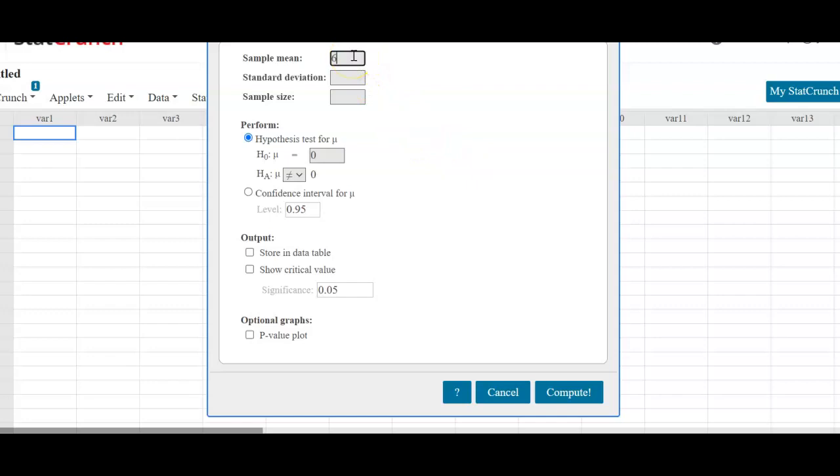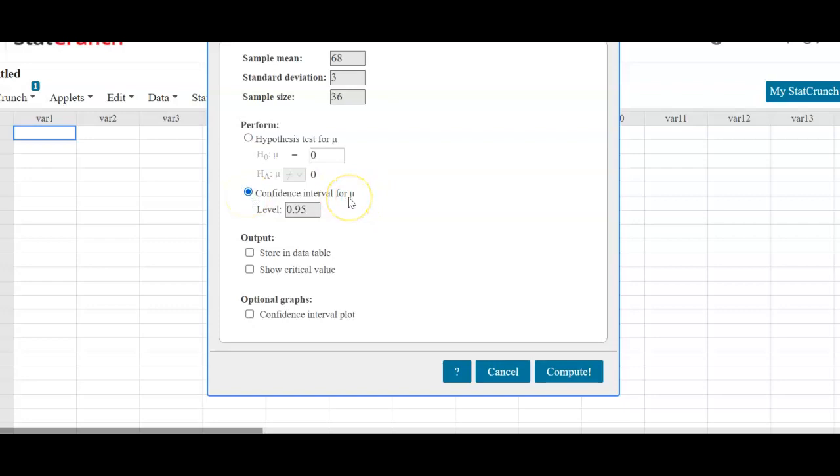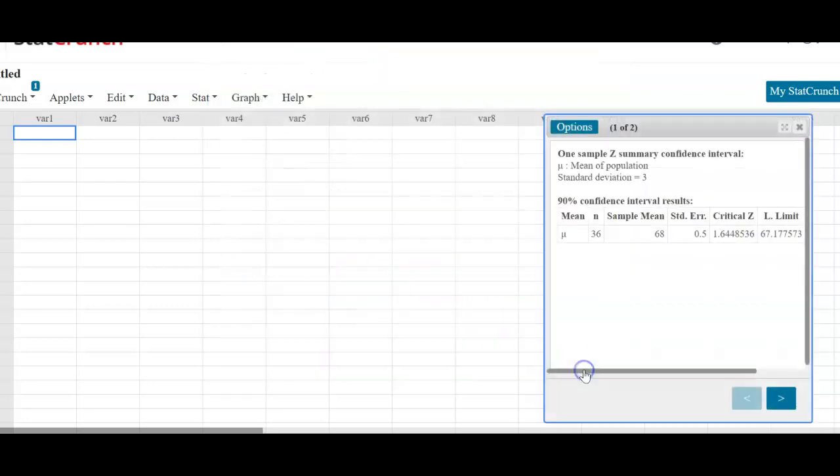The sample mean is 68 with a standard deviation of 3 and a sample size of 36. And I want to find a confidence interval for the mean, and 0.9 right here. Let's have it do the plot for us, and let's show the critical value. I don't want it to store it in a data table. Let's just have it compute.